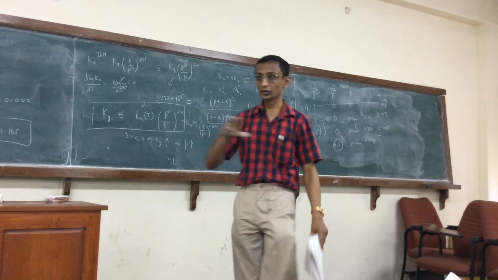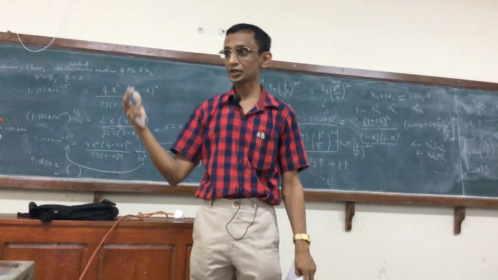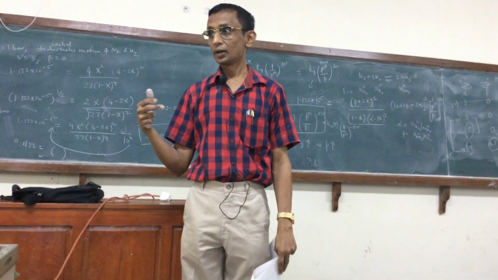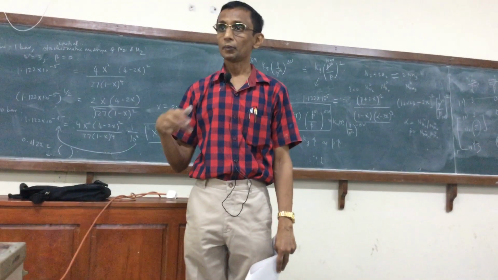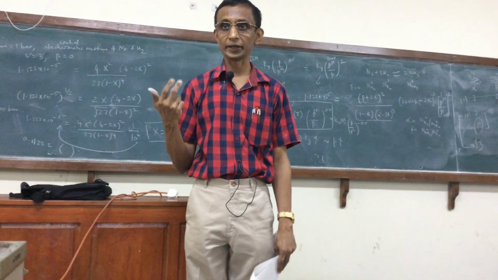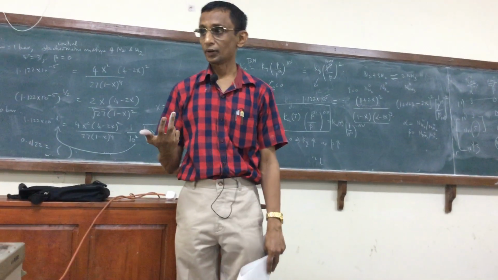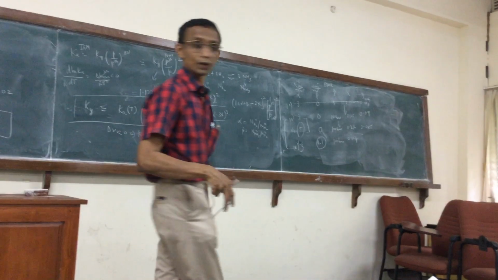So even with the shift in terms of conversion, the fraction of initial nitrogen converted, because we are using more hydrogen, the mole fraction of ammonia is turning out to be smaller.